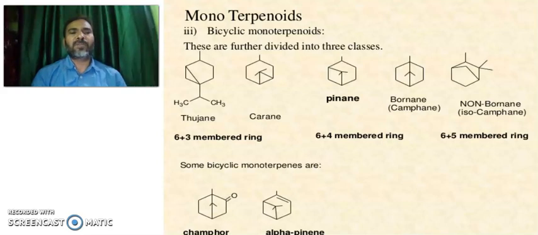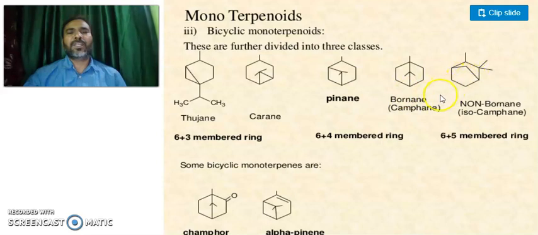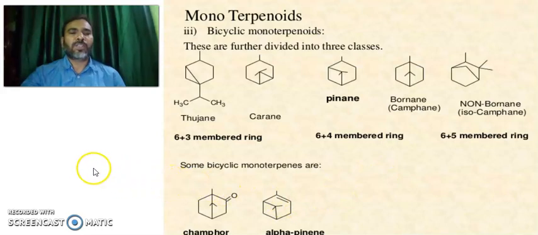So 6 plus 3 member ring, 6 plus 4 member ring and 6 plus 5 member ring. Some bicyclic monoterpenoids are camphor and alpha pinene.